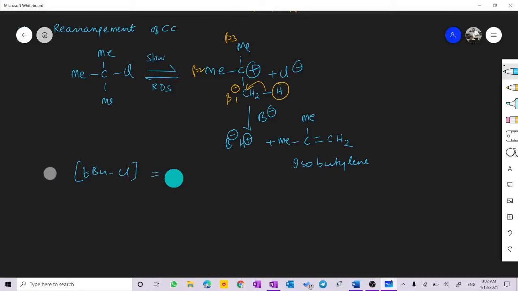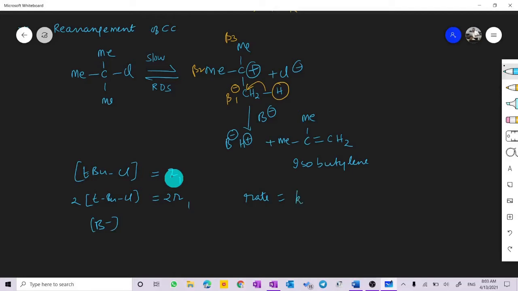So initially, if the rate is R1, when the concentration is doubled, it becomes 2R. Therefore it was decided that the rate of the reaction was found to be proportional. But when the concentration of the base was doubled, the rate did not change.